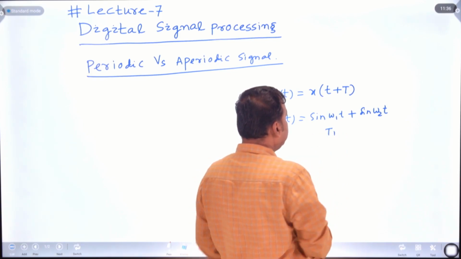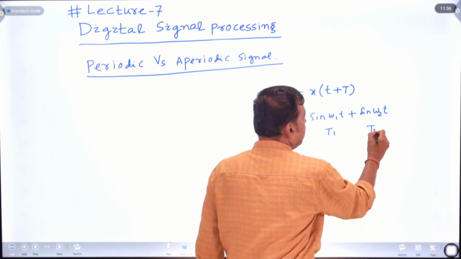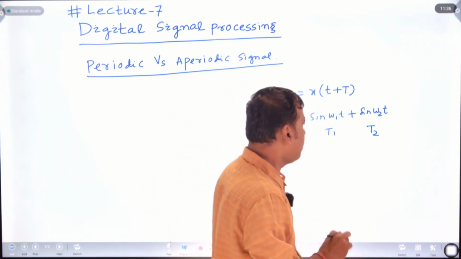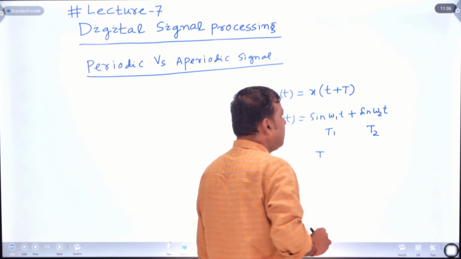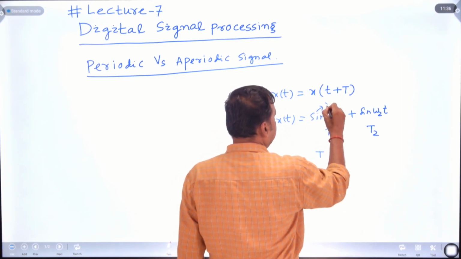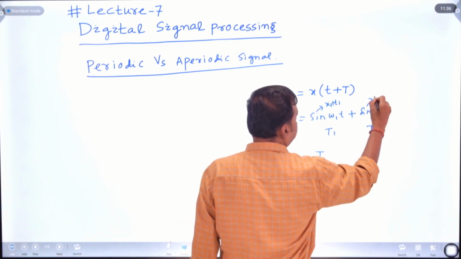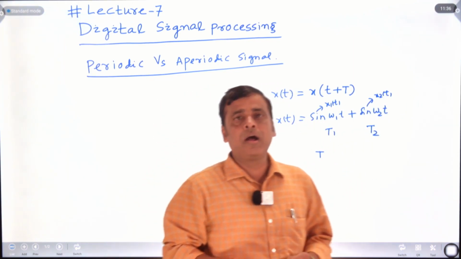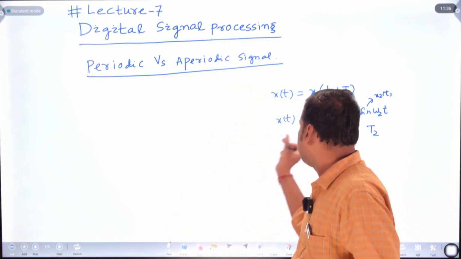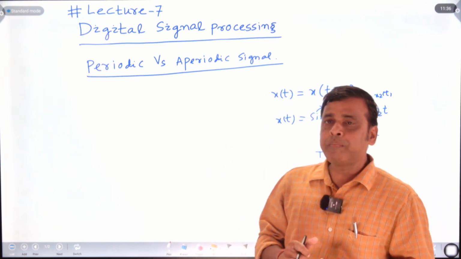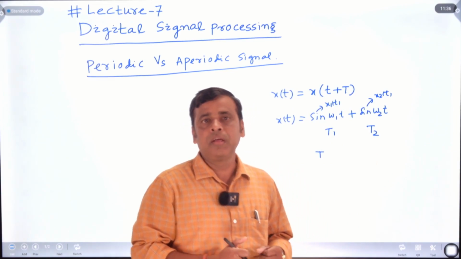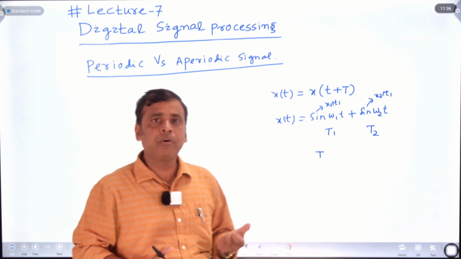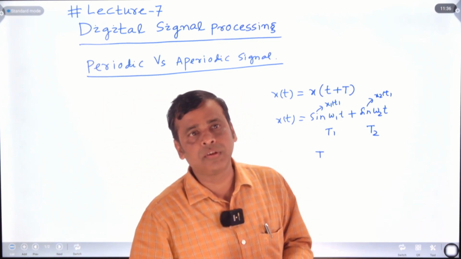T1 is the fundamental period of this signal and T2 is the fundamental period of the other signal, and you find the LCM of T1 and T2 to get the common period T. So this is x1 of t and this is x2 of t, and x of t equals the sum of x1 of t and x2 of t. If x1 of t and x2 of t are individually periodic, there is no guarantee the sum of the two periodic signals is periodic.